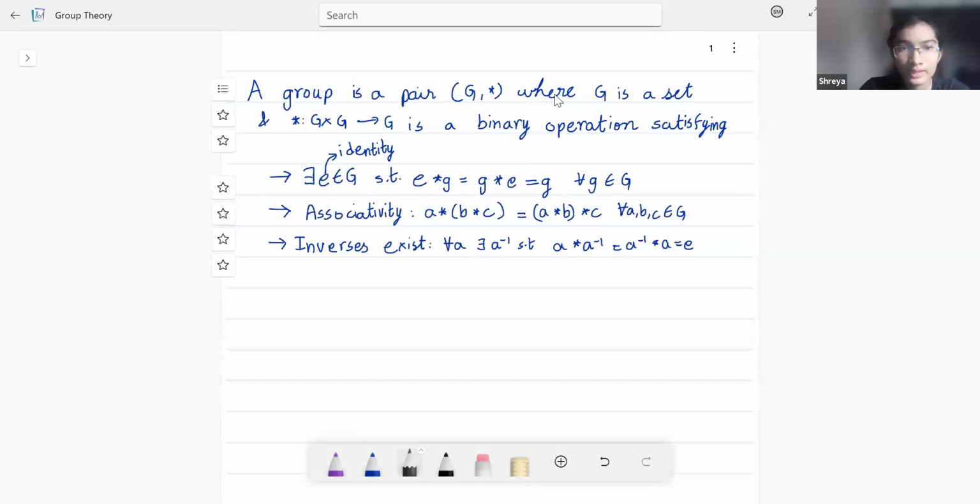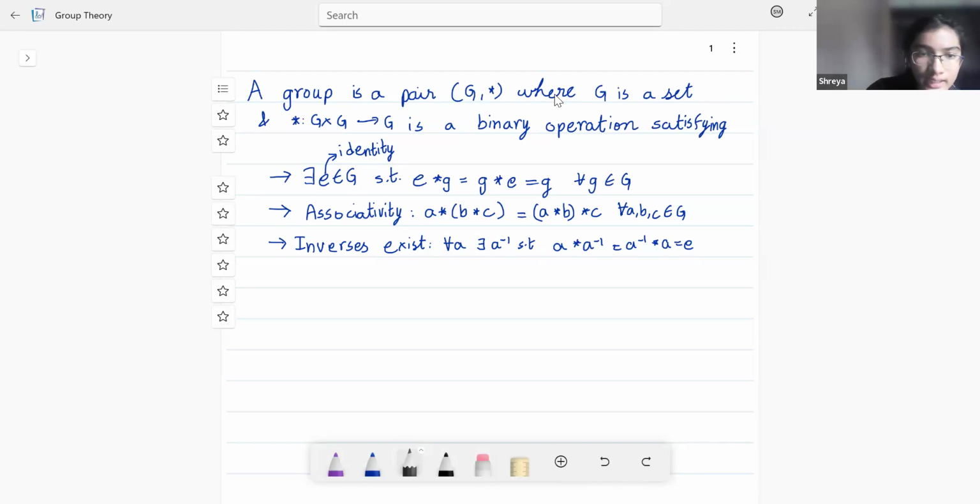Okay. So this is the definition of a group. A group is just a structure where you have a set and an operation on the set. It needs to follow some basic properties. There should be an identity element, which is sort of like your one, so you multiply anything by it and you get the same thing. Then you have associativity, and inverses should exist.